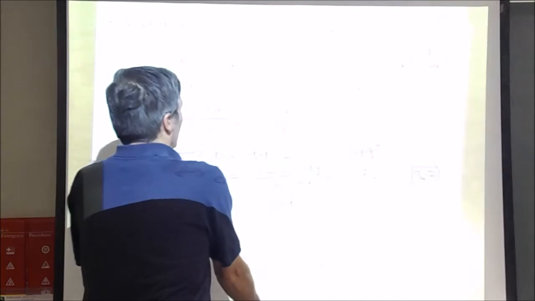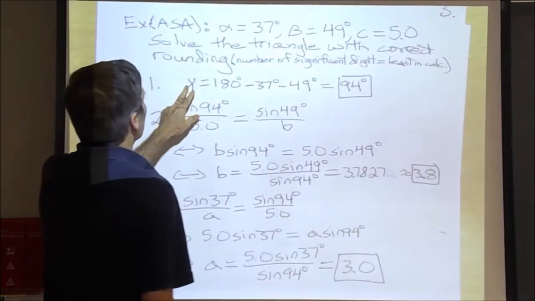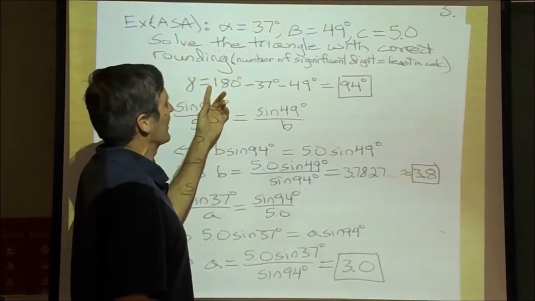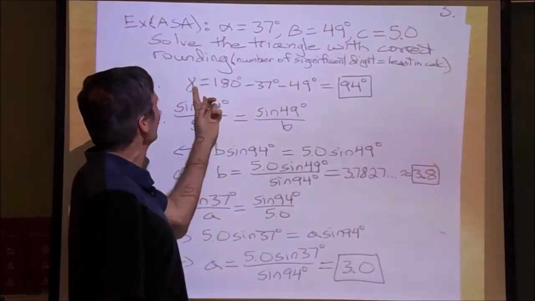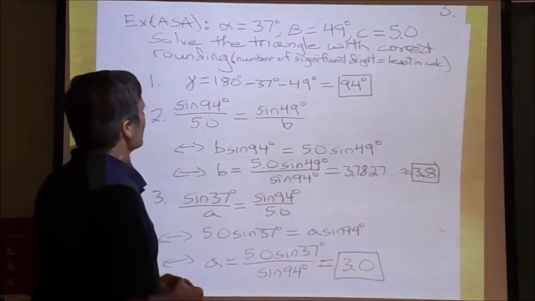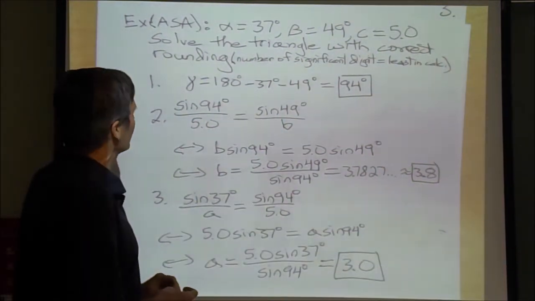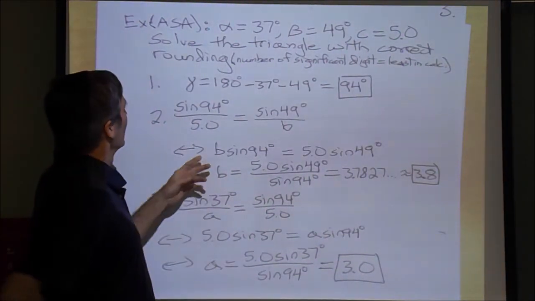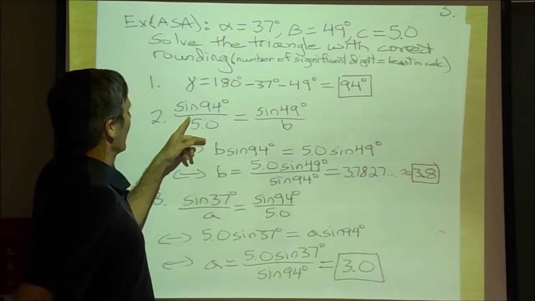All right, so now what we can do, since we know two angles, and a nice thing to do always, I didn't do it in the last problem, is to just take 180 minus the two you're given, and you have the last one, right? So this last angle is 94 degrees, and now we can use the angle, side, angle to solve this one.